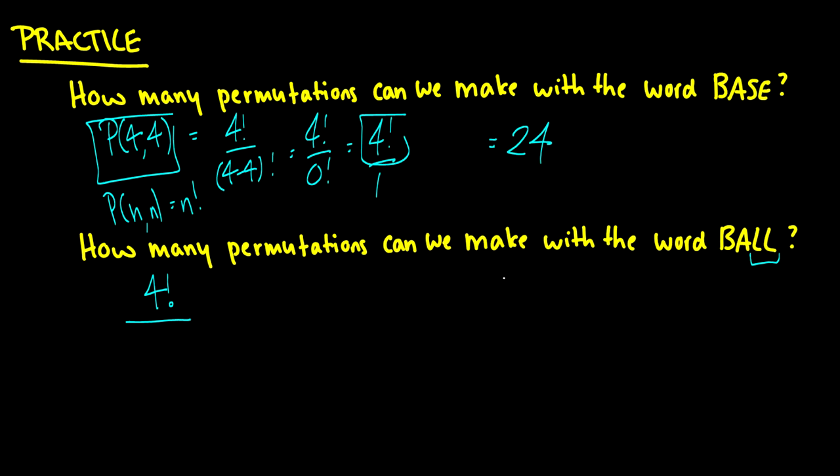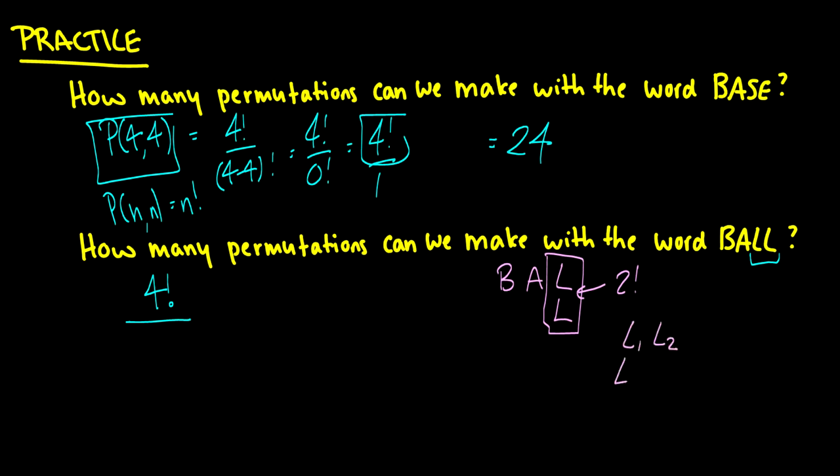So, to put this in perspective, let's list all the letters here. We have B-A-L, and L occurs twice. How many ways can we arrange these L's? We can arrange these L's in 2 factorial different ways.